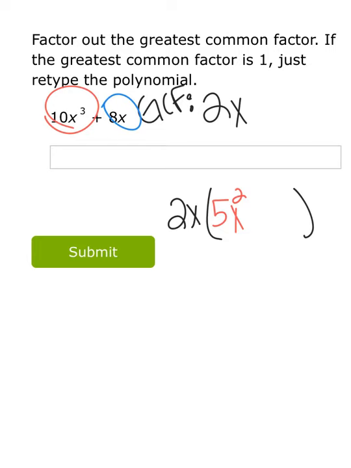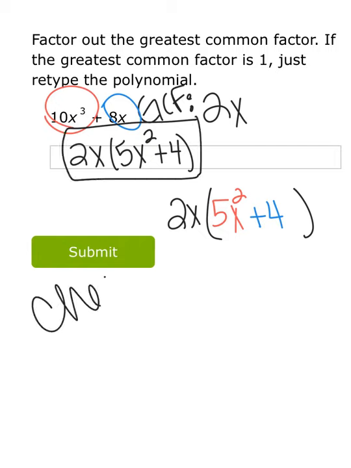Now let's go into the next one. 8x divided by 2x would just be positive 4, and I need to make sure I write that plus sign there to separate these two terms. So 8x divided by 2x would just be 4, because if I had 1x and I took 1x out, I wouldn't be left with any. Okay, so my final answer would be 2x times 5x squared plus 4.